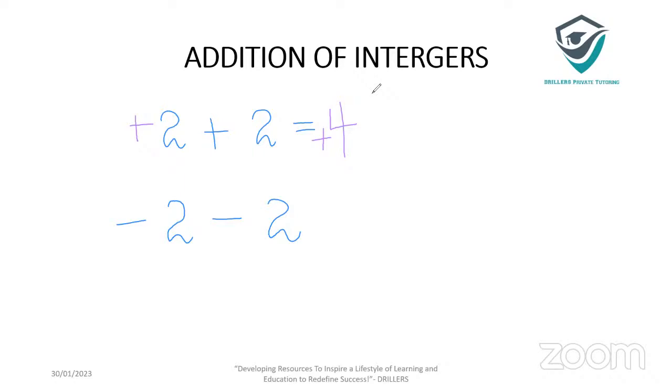But there's also a negative sign in front of the second 2. That negative sign dictates whether the second number is positive or negative. So of course it's going to be negative.